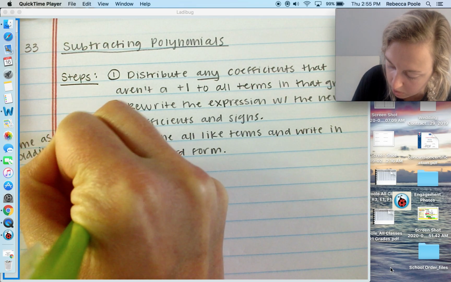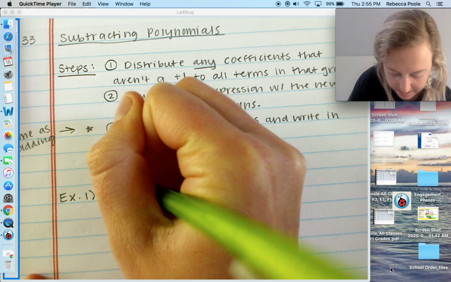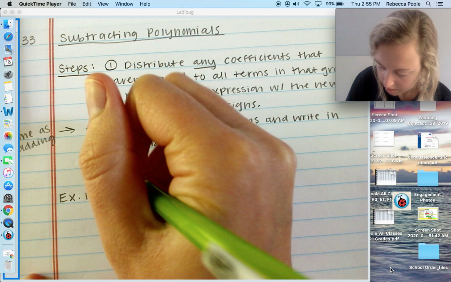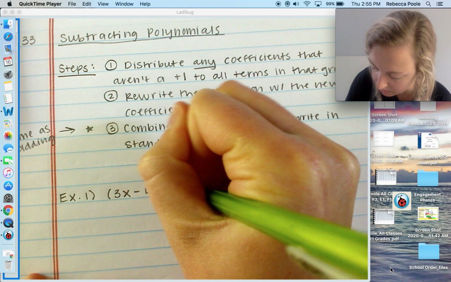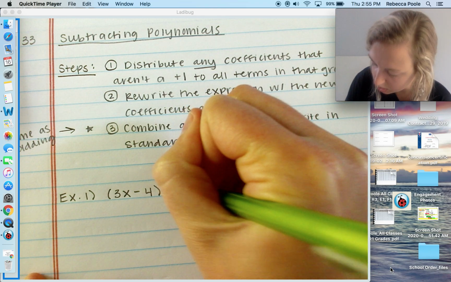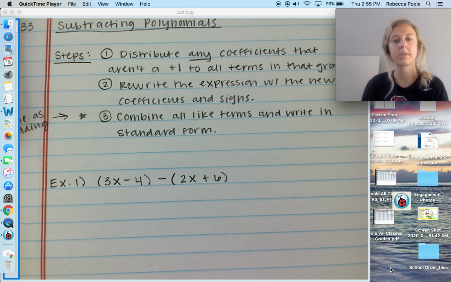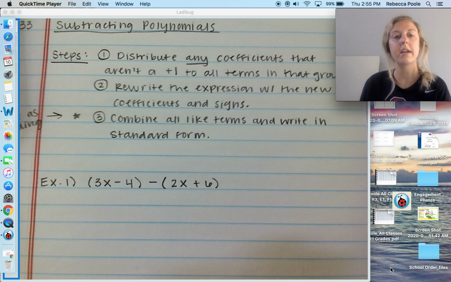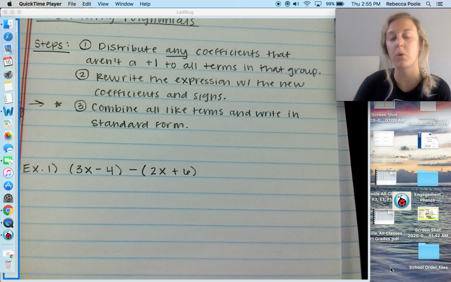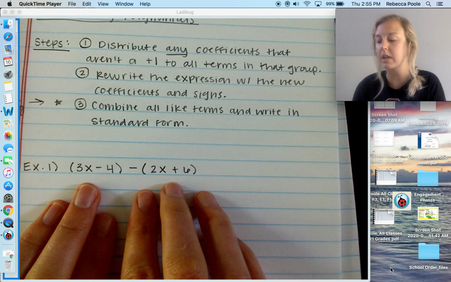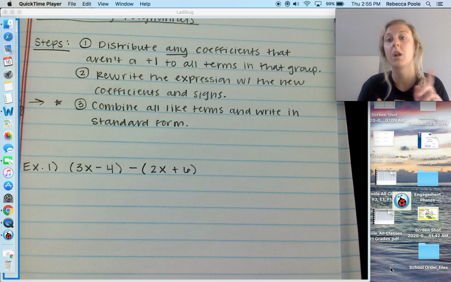So example 1, we're going to take 3x minus 4. We're going to start off easy, and we're going to subtract 2x plus 6, okay? All right, so here is where step 1 will tend to throw people off. You guys look at this and you're like, oh, there's no coefficients. Let's move on.